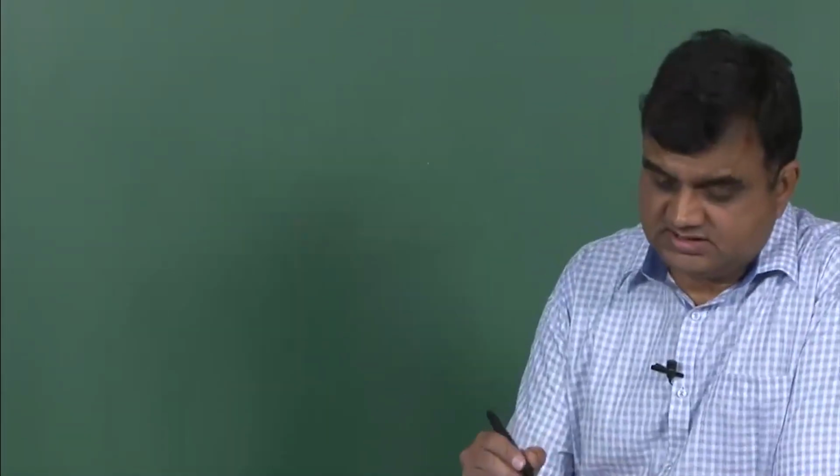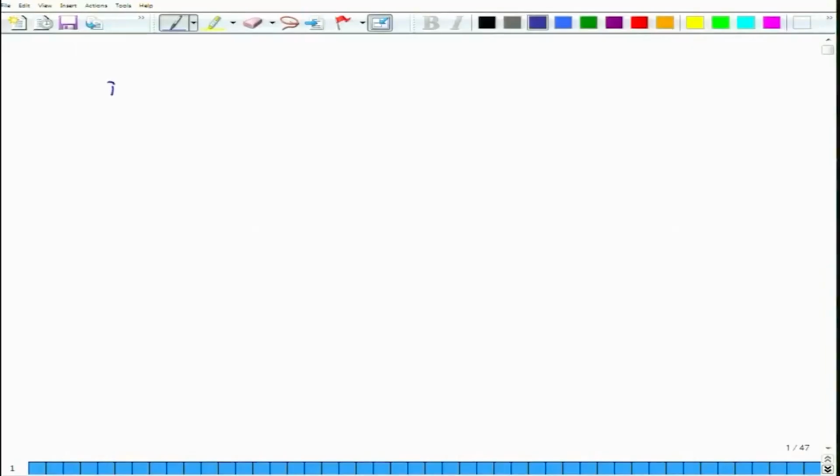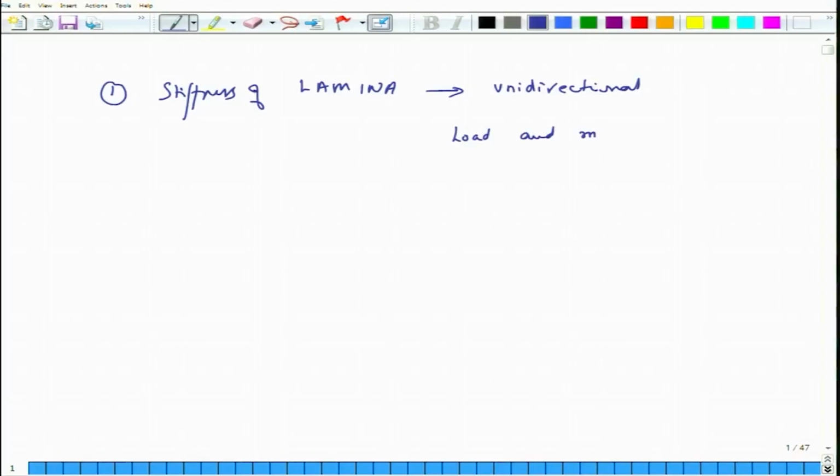So, so far in this course, the first thing we learned was how to predict stiffness of lamina. Specifically, we learnt when it was a unidirectional lamina and the orientation of the load and material axis were aligned.